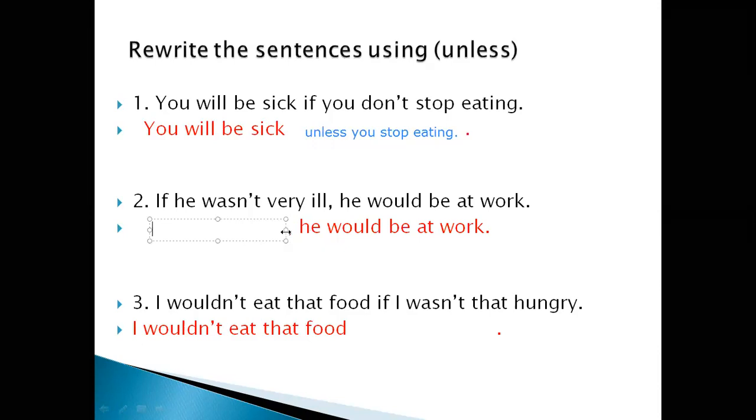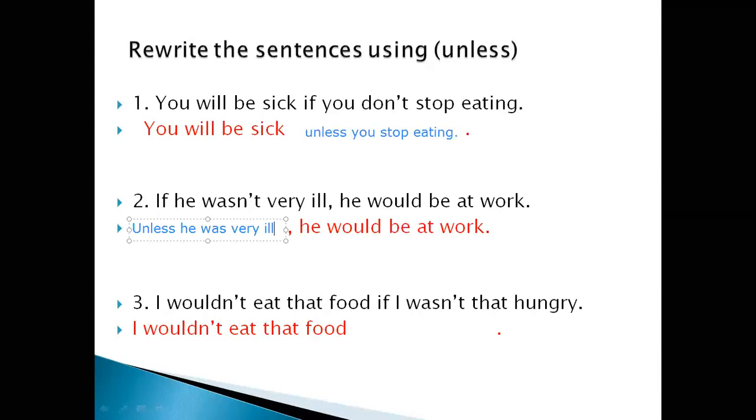But we're going to change this part, which is if he wasn't very ill. So we will change if not to unless. Unless he was very ill, he would be at work.